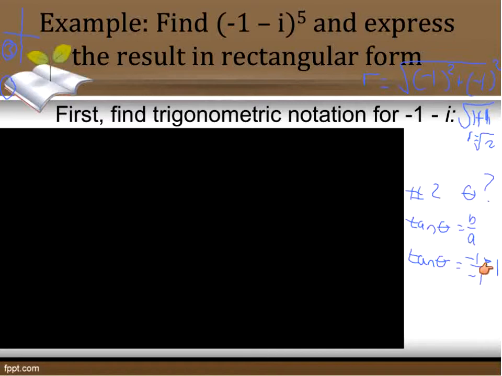So -1 over -1 gives us 1. This is always the formula that you use for step 2. Always. I like the word always in math, something that always works. So right now we're at tangent theta equals 1. I need to look on my chart and find where does tangent theta equal 1.